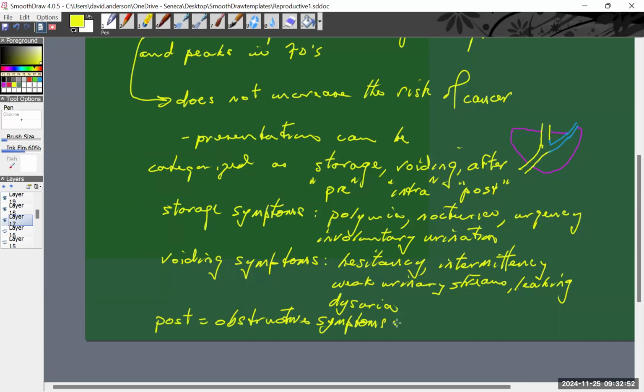So when we look at obstructive, the growth of the tissue gets to the point where it may actually cause closure or significant reduction in the lumen of the urethra, and that may promote some abdominal pain.